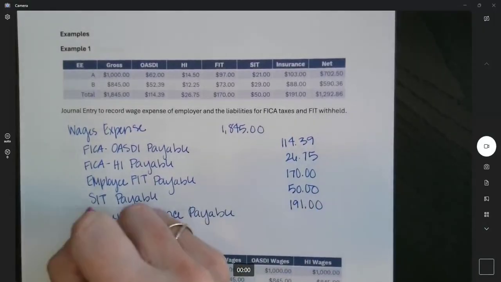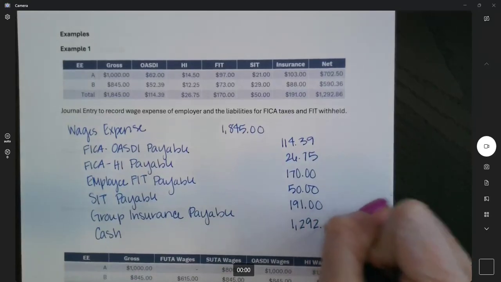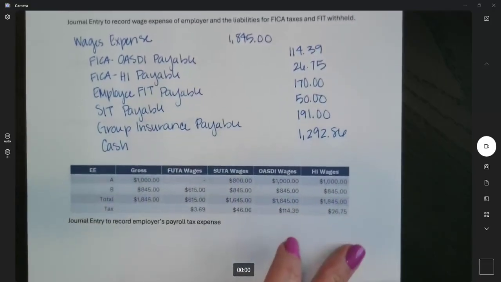And then that net paid is going to be cash, which is $1,292.86. So the only debit is for that wages expense, the gross amount. Everything else is being credited. That net paid is at the very bottom that we're paying out in cash.